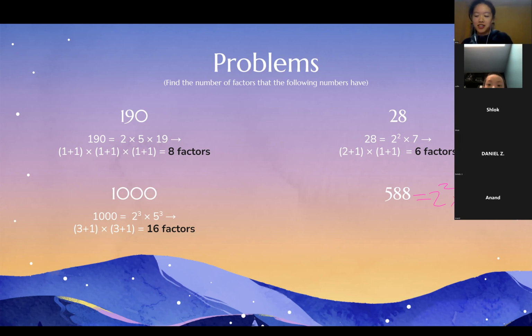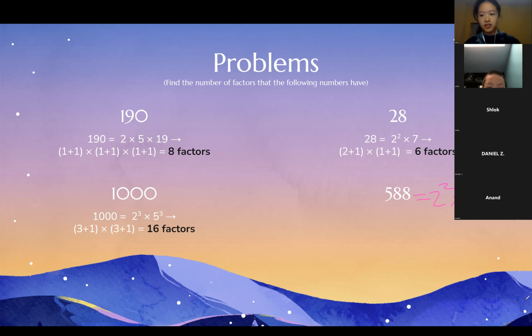At first, you might think that 147 is prime, but it's actually not prime. Why? Because the digits 1 plus 4 plus 7 add up to 12, which is a multiple of 3. Therefore, 147 is divisible by 3. So if we divide 147 by 3, we get 49. So that means this is also equal to 7 squared.